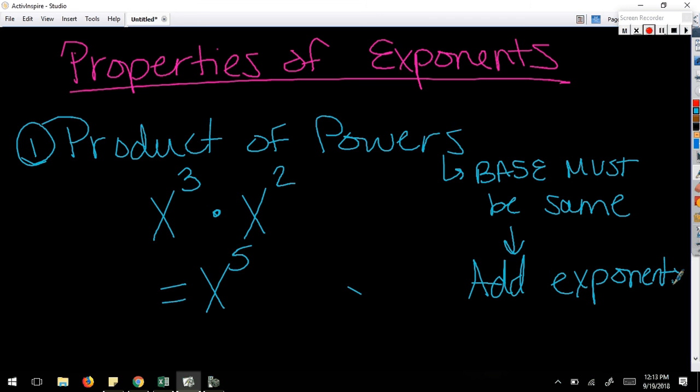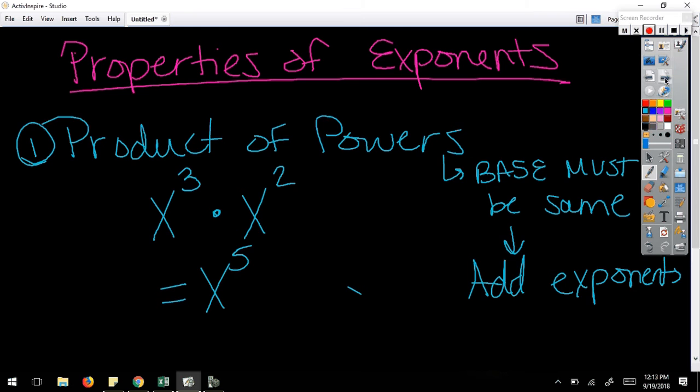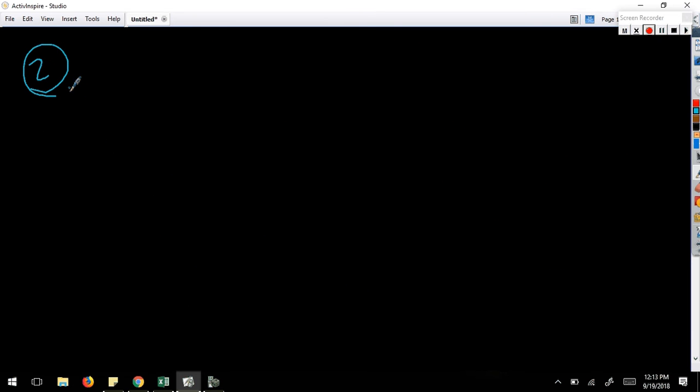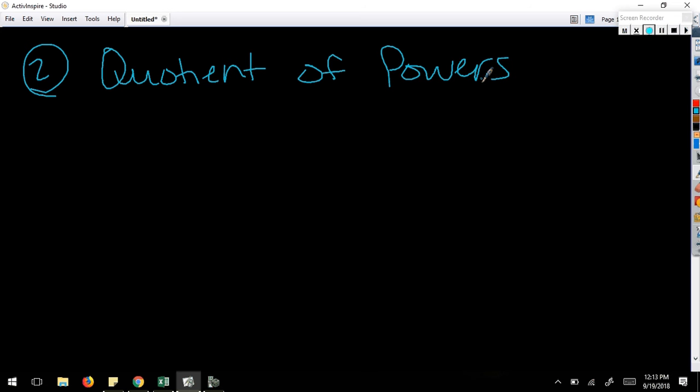Tell me. You're so smart. That's actually the next one I was going to do. So she said, let me take a guess. When you're dividing, so if multiplying is product, and then I'm going to call this one quotient of powers. So this time, again, same base. It's important.